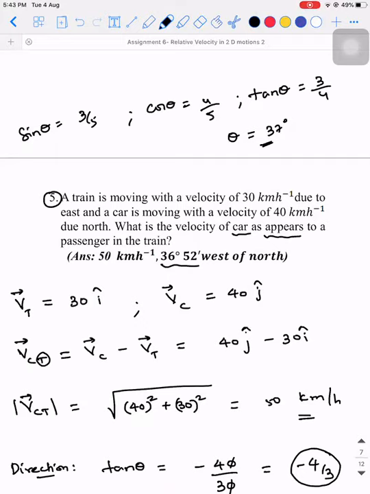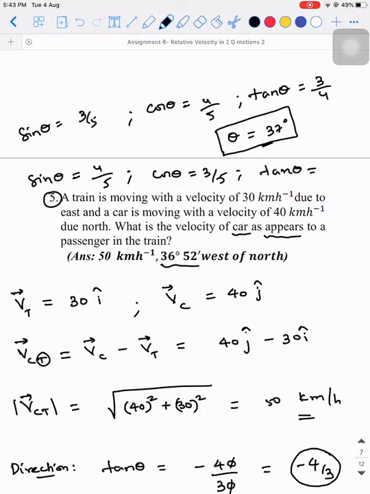You can remember this. This is a very famous angle. Similarly, sometimes in questions you will see sin theta is 4 by 5, cos theta is 3 by 5, and tan theta is 4 by 3. Then the value of theta is 53 degrees, exactly the complementary angle. Okay.